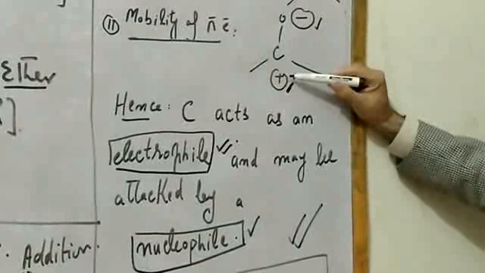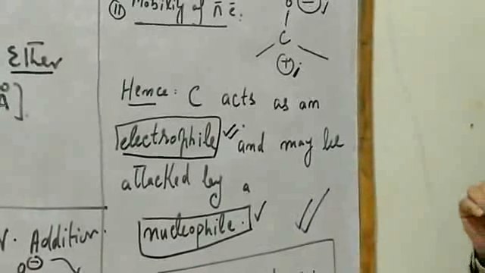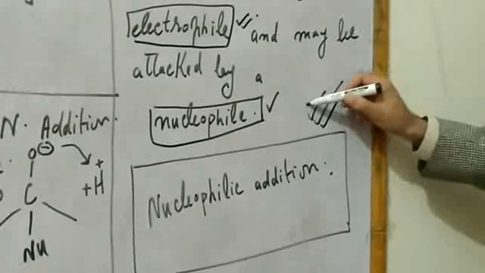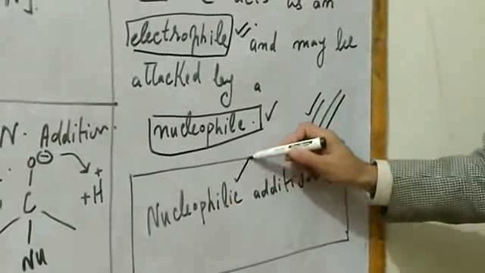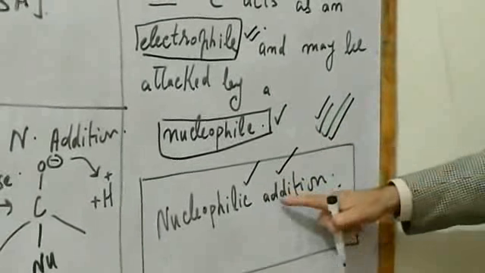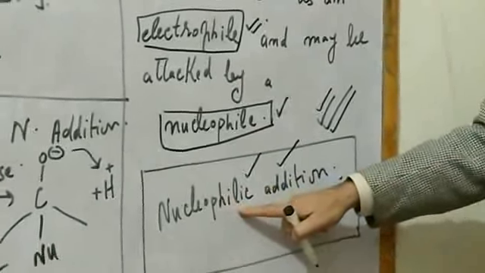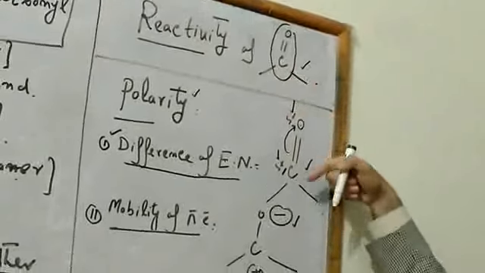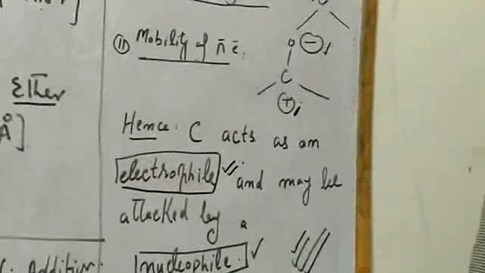Therefore, the most characteristic reactions of these carbonyl compounds are nucleophilic addition reactions. Nucleophilic addition reactions are the most dominant type of reaction in these carbonyl compounds, due to the partial or complete positive charge on carbon.